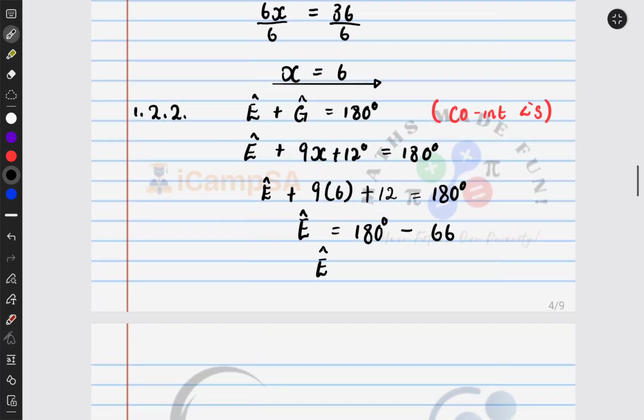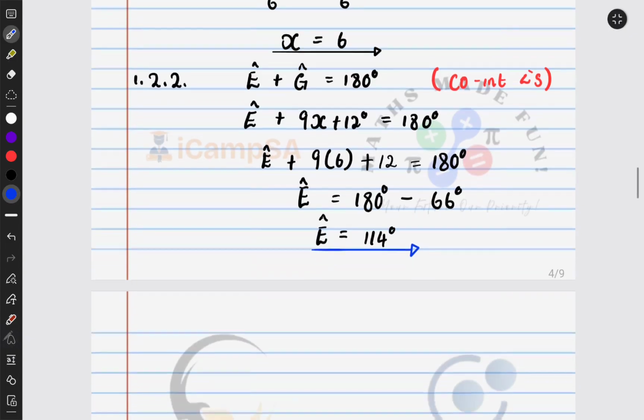Therefore, angle E is equal to 180 degrees minus 66 degrees. This will give us 114 degrees. I'm not using a calculator, so please double check for me. So I would like to believe that will be 114 degrees.